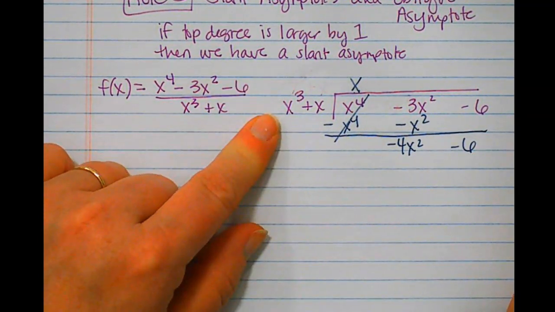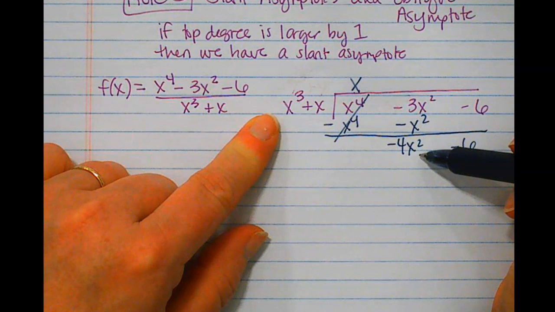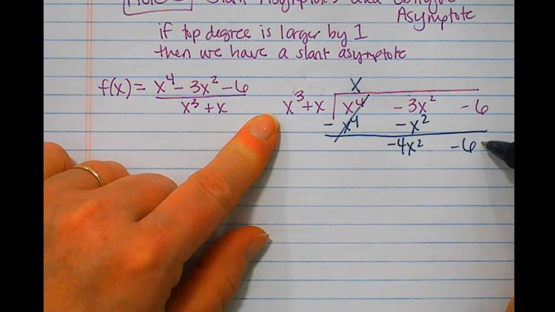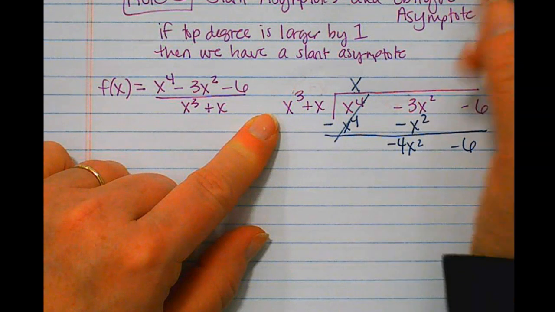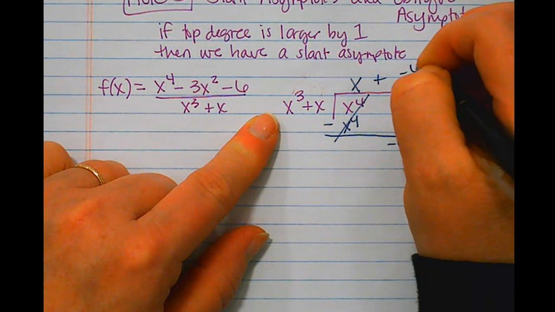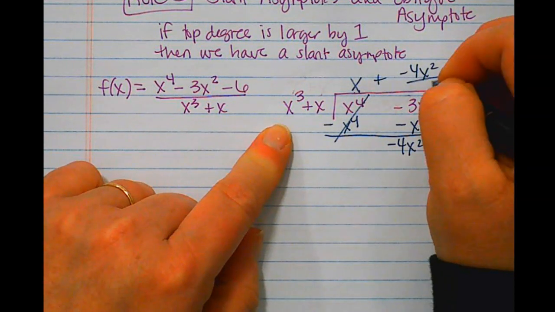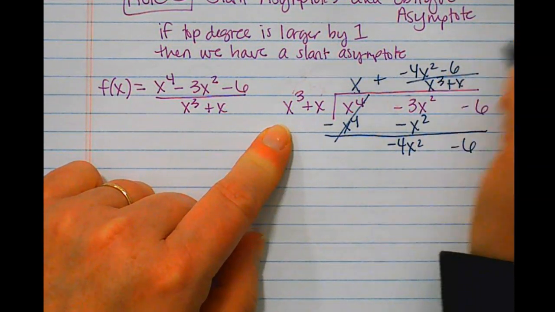Does x cubed go into 4x squared? There's not enough. So x cubed won't go into x squared, so I'm done. This is the remainder. How we've been writing the remainder is like this. We said negative 4x squared minus 6 over whatever we divided by, x cubed plus x.